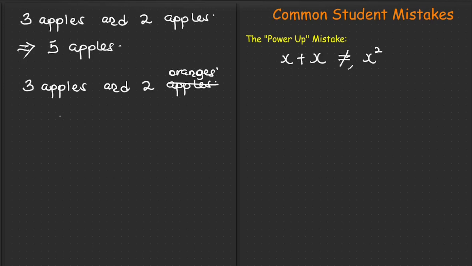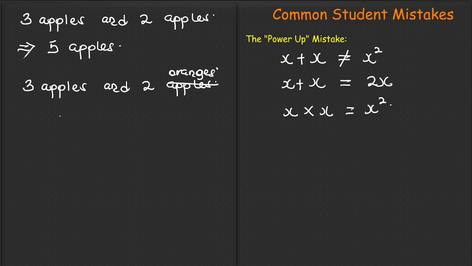But no, this is wrong. x plus x is never x squared, but rather x plus x gives us 2x. We only get x squared when we multiply, and that is x times x. That is what gives us our x squared.